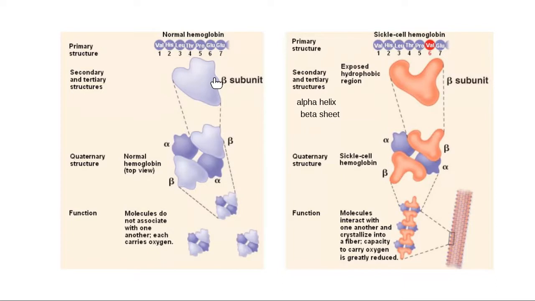For you to build a hemoglobin protein, we take some 3D proteins that are called beta subunits, and we attach them to some 3D proteins that are called alpha subunits. Again, the alpha subunit of the hemoglobin protein is different from an alpha helix.